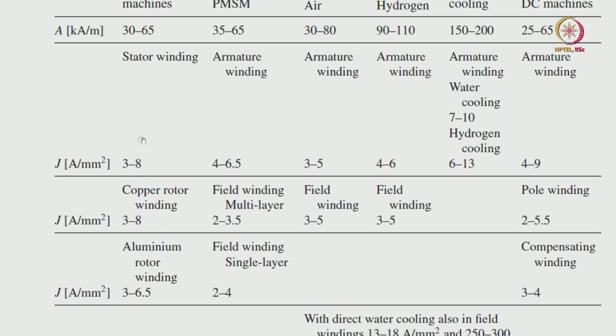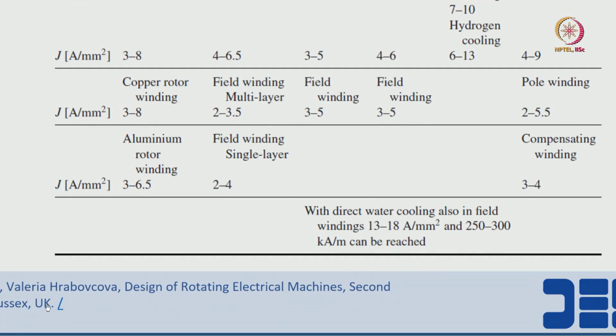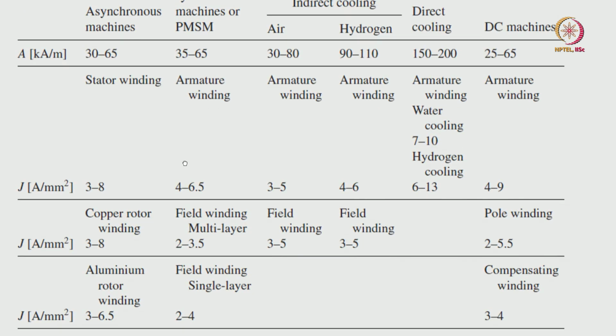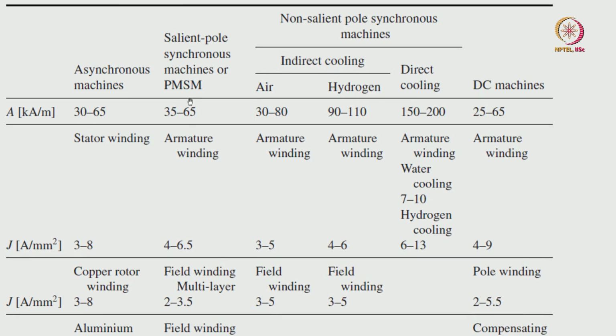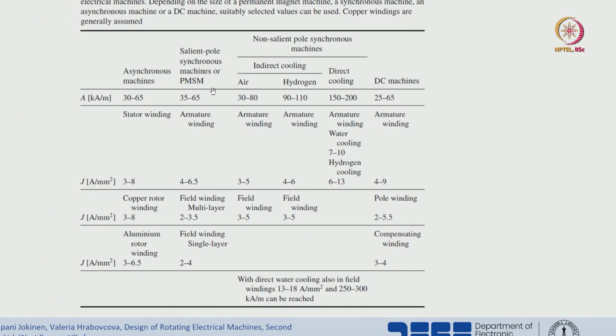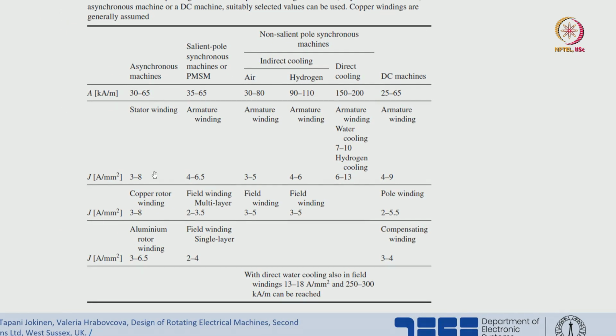If we take the higher values of current densities, we have to make a proper thermal management system. Okay. Similarly, for synchronous machines, we can see here different electric loading values and current density values. So, if we want to select the higher value of the current density, we have to design a proper cooling mechanism or thermal management system. Okay.